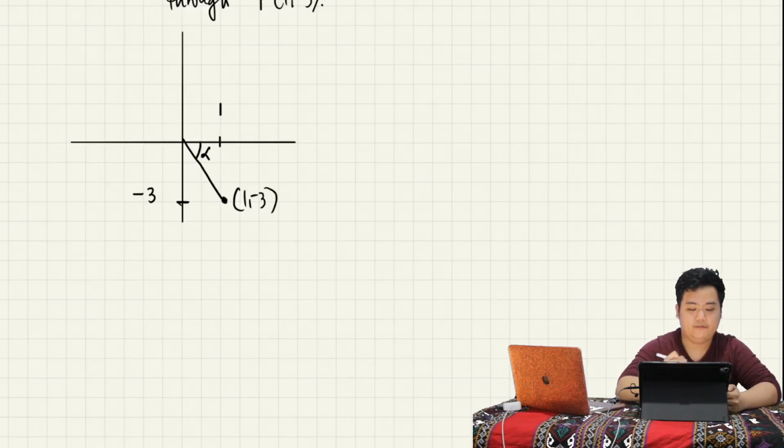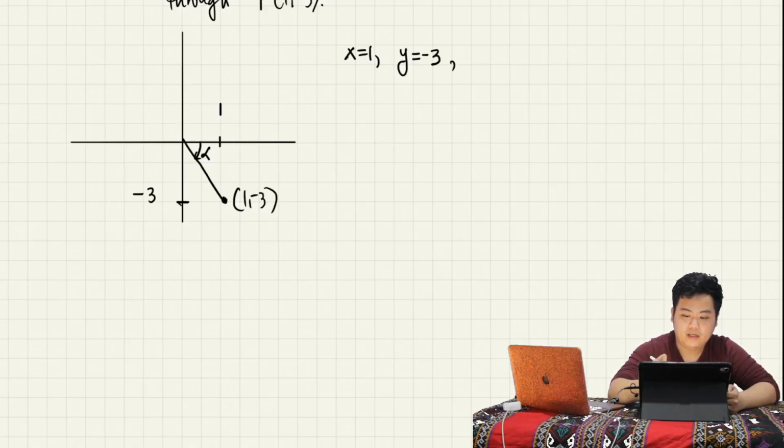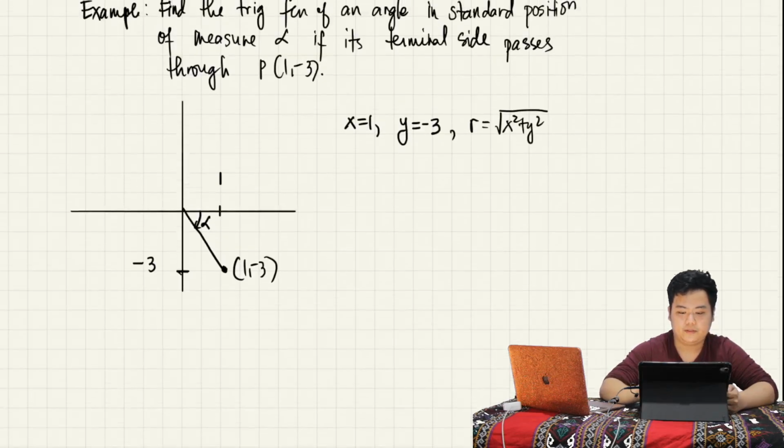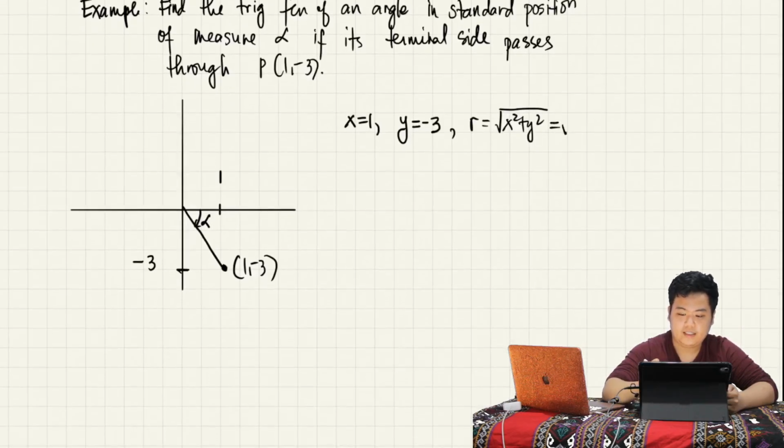So, it can be this one, alpha. Or it can also be like that. What matters is that this is the terminal side. Okay, so our x here is 1. Y is negative 3. So, our r is the square root of x squared plus y squared. So our r is the square root of 1 plus the square of this, 9. So, we get square root of 10.